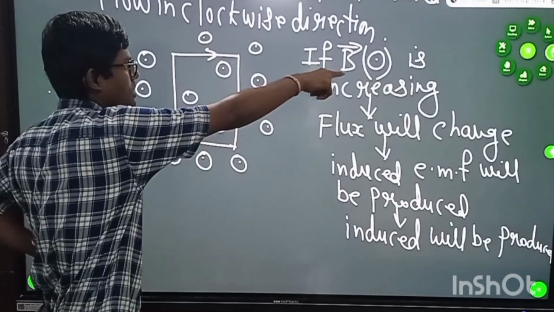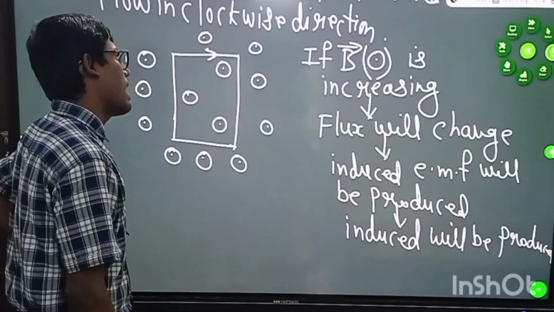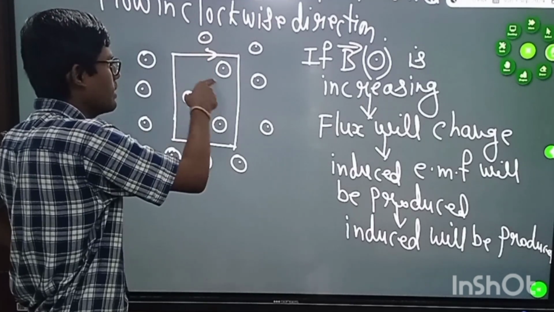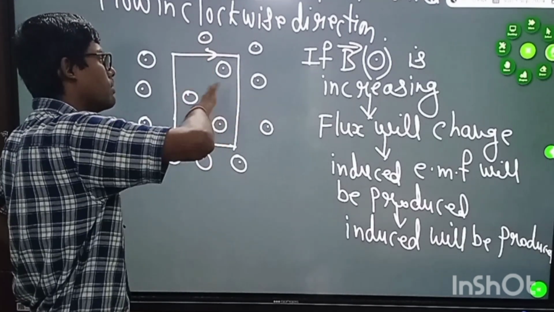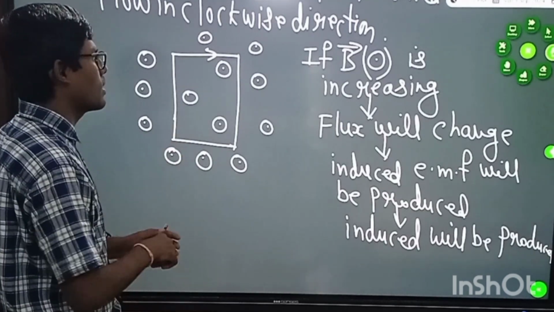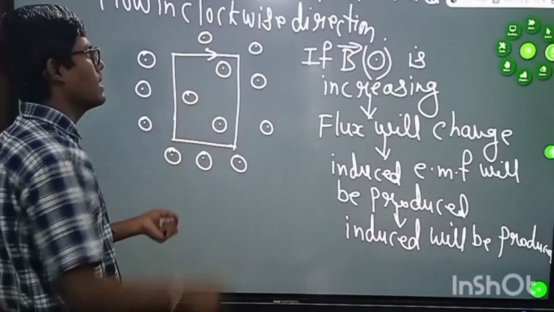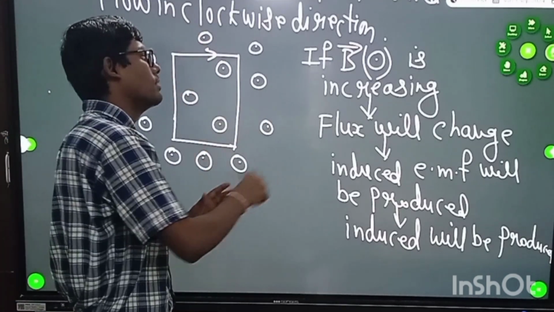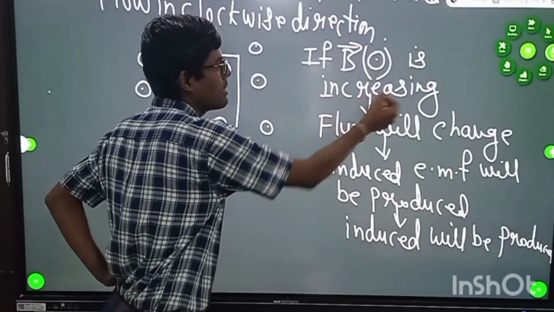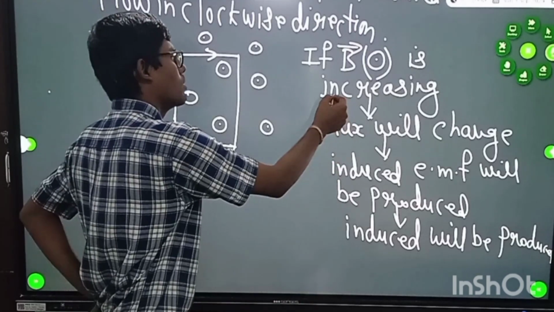And this external magnetic field is outward and increasing. So this is correct, because if the magnetic field produced by the induced current is inward, then this will decrease, it will increase by a lesser amount, it will not increase so much.